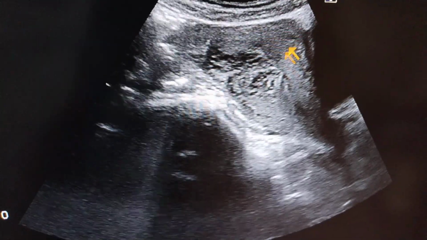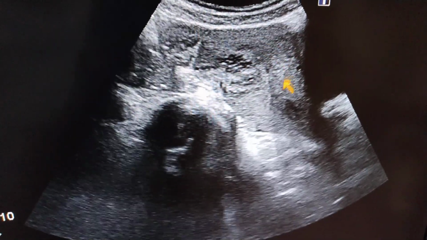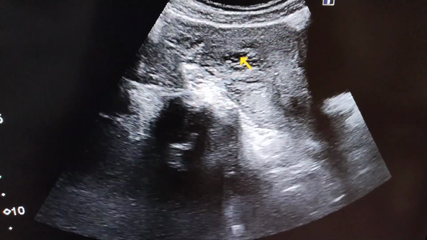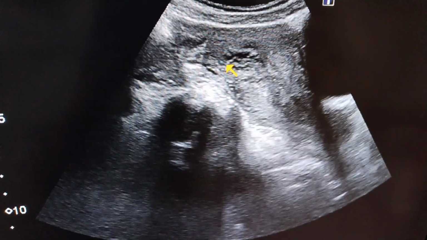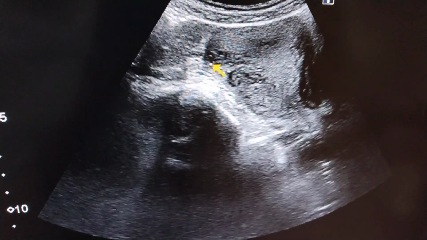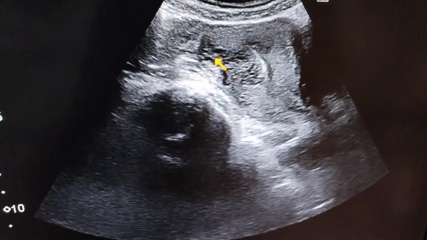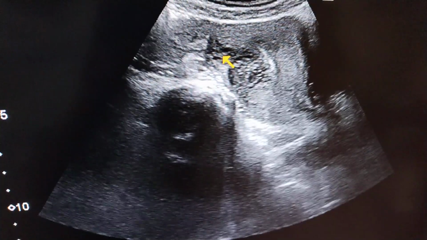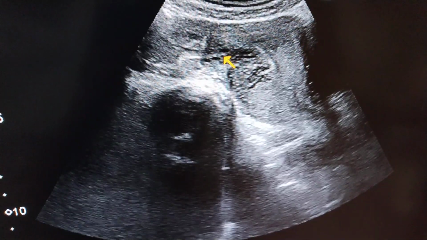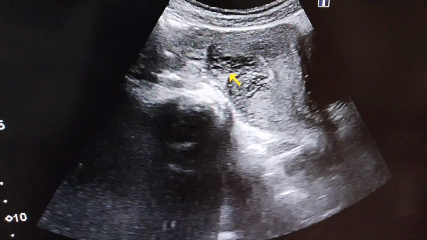Here we can appreciate this is the uterus, and here we can appreciate the anechoic areas or spaces coming from the myometrium at this fundal region level, and then these spaces, dilated channels, are extending towards this area. This is the endometrial cavity or uterine cavity.